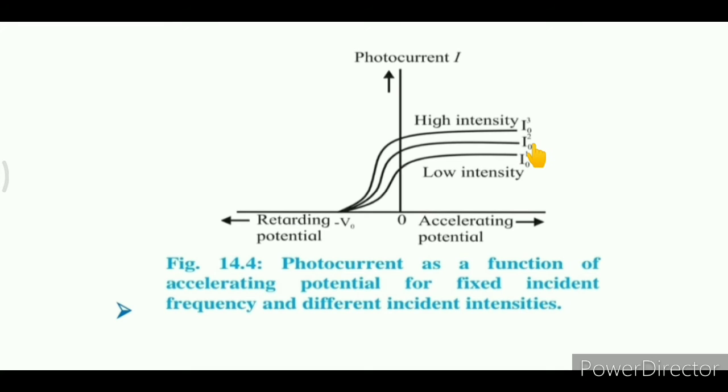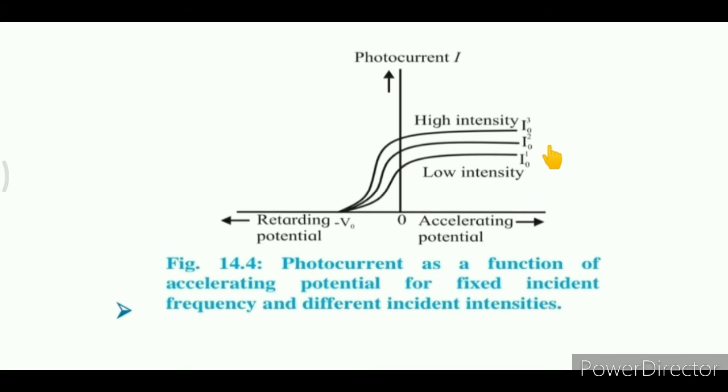So the nature of the graph we get is the same. That means for some value of the positive potential, the photoelectric current increases, and after that we get the saturation current, that is the maximum value of the photoelectric current.